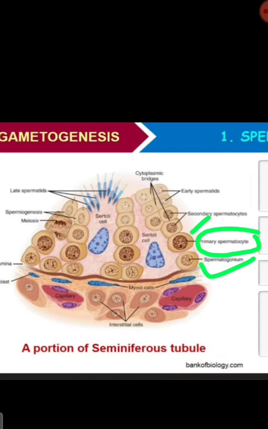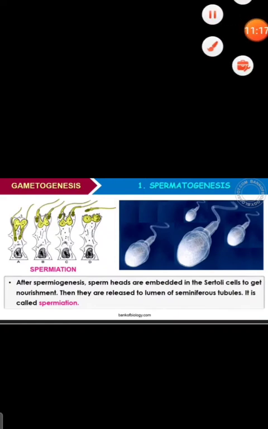Spermiogenesis is taking place, meiosis is taking place here, and then spermatids are produced. After spermiogenesis, the sperm heads are embedded in the Sertoli cells to get nourishment. Then they are released into the lumen of the seminiferous tubules. It is called spermiation.